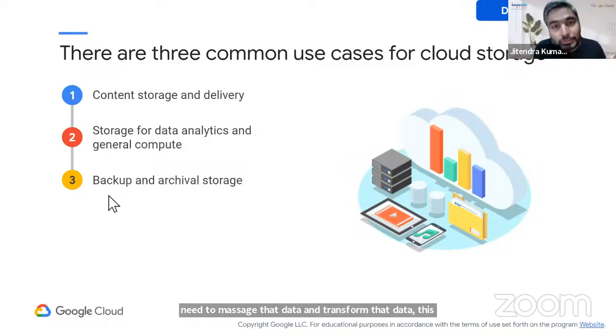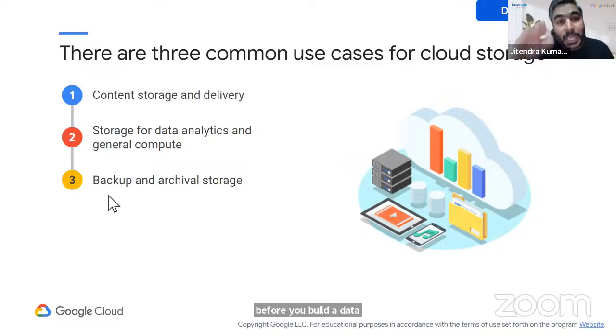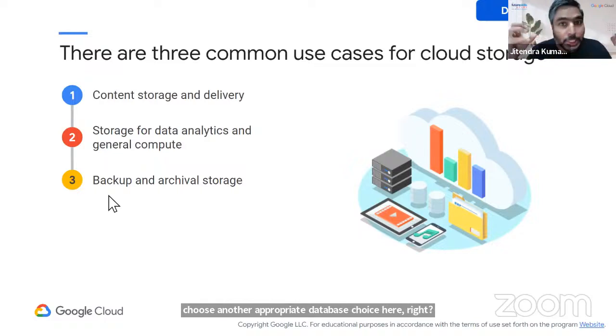This could be a place to simply dump all your legacy data before you build a data pipeline to transform it and then choose another appropriate database choice here, right? So it could be a good place for all the data, including legacy data, to sit here, and therefore it could help you build analytics services where data is backed by Google Cloud Storage buckets, right?